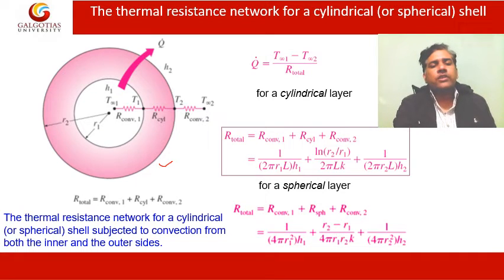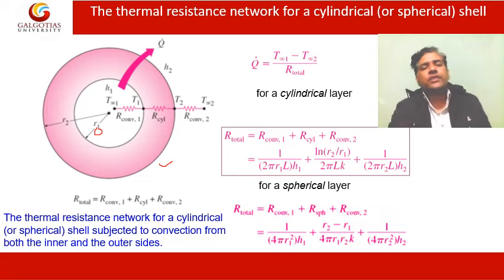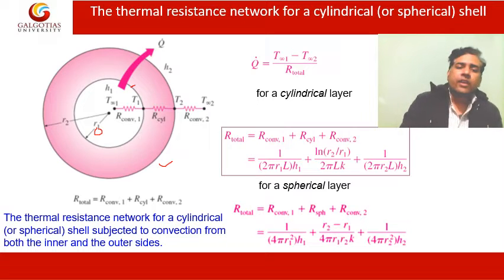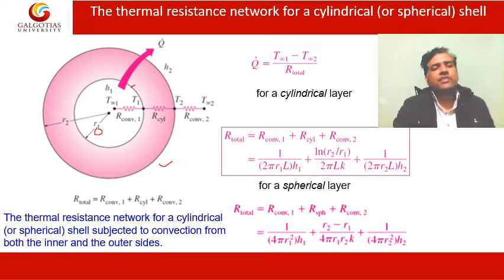Okay, so the thermal resistance network for a cylindrical or spherical shell subject to convection from both an inner and outer side. In this case, from the inside the heat transfer is due to convection, and from the outer side again the heat transfer is due to convection, and this is the solid body part where the conduction will take place. So how will the thermal resistance network be made?